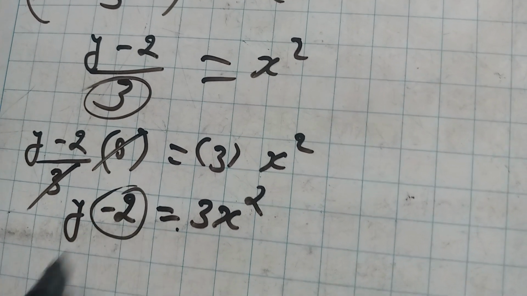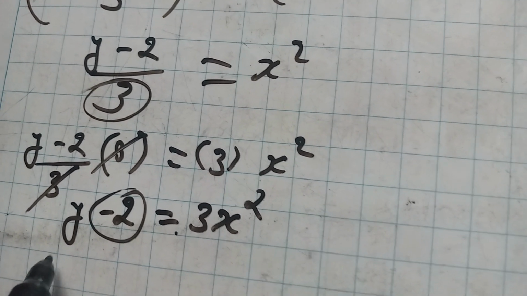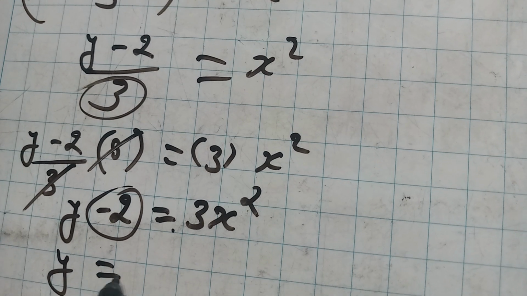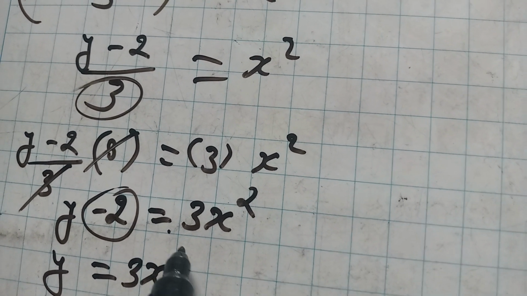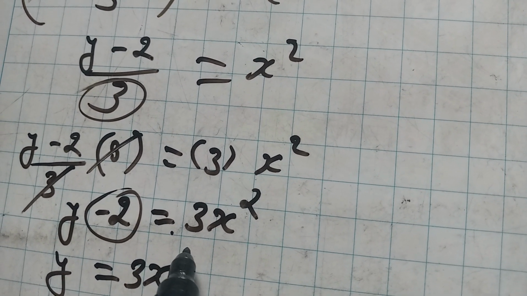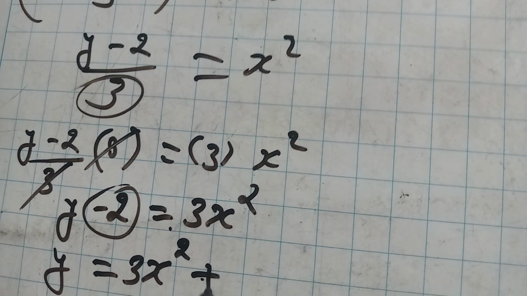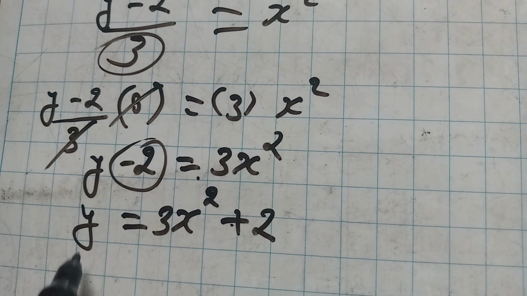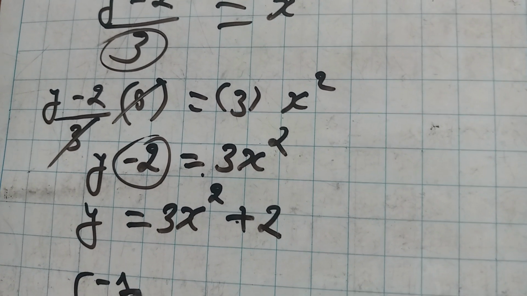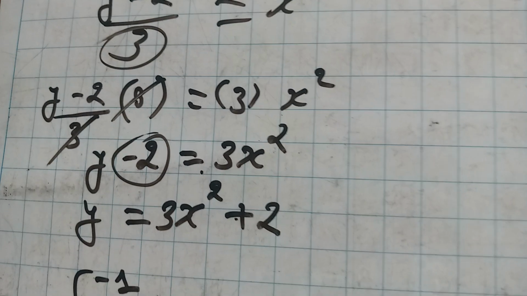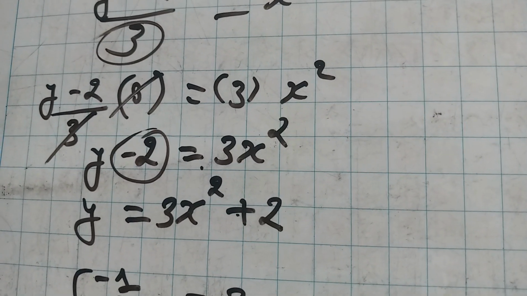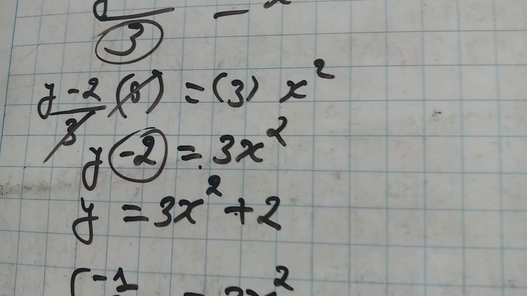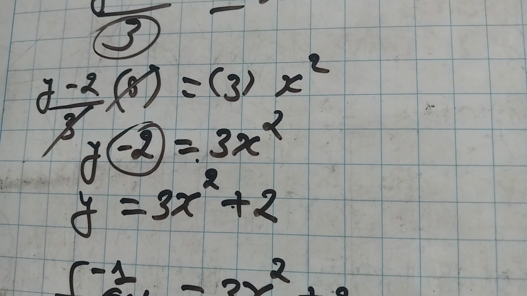Now this negative 2 should change sides to have y equal to 3x squared plus 2. Now our f inverse of x is equal to 3x squared plus 2.